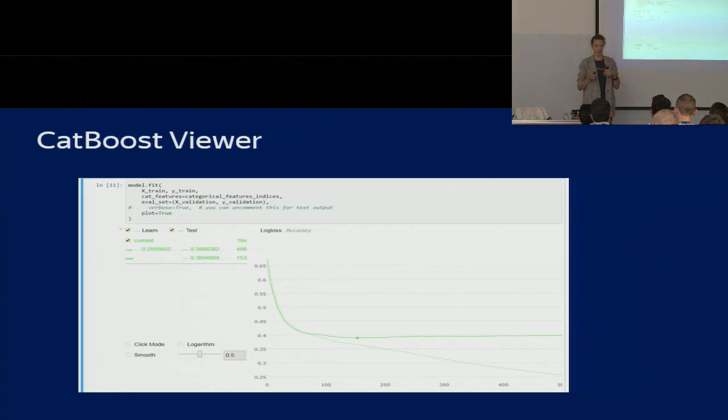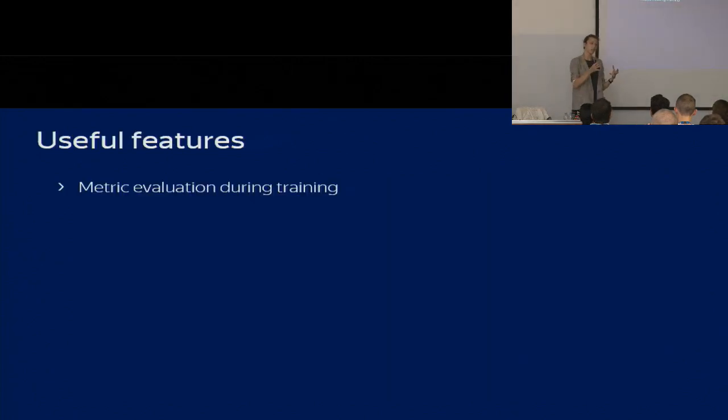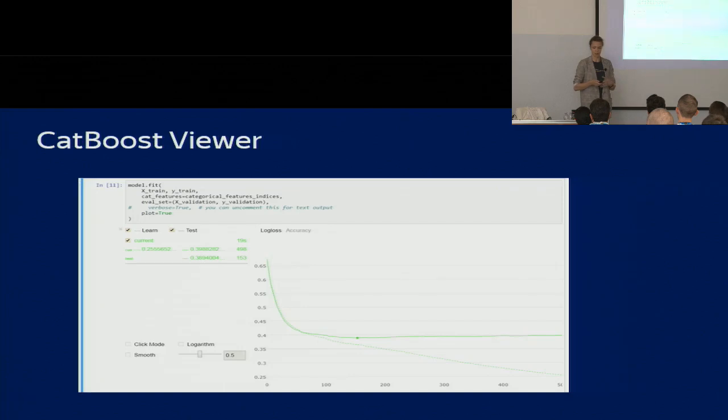And I also want to show you some visualizations. During the training, you sometimes want to look at the values of different loss functions. If you are experimenting with Python and with Jupyter Notebook, you can look at the graphs of all the errors that you want during the training, see when the overfitting started, what the values of the metric are, and so on.